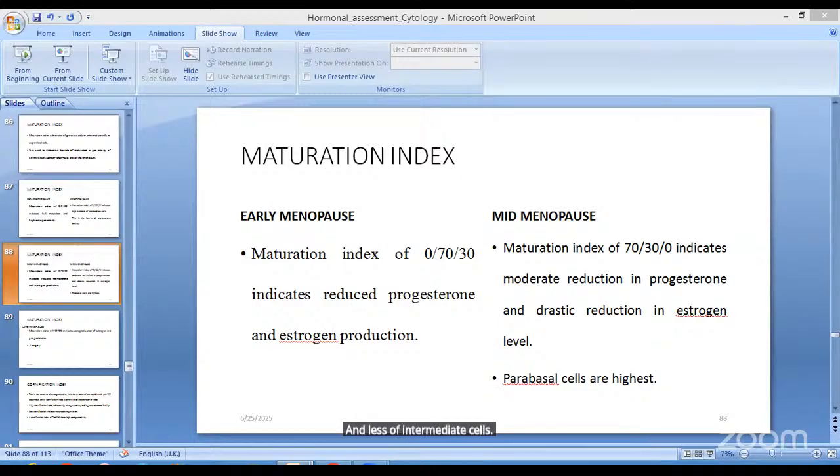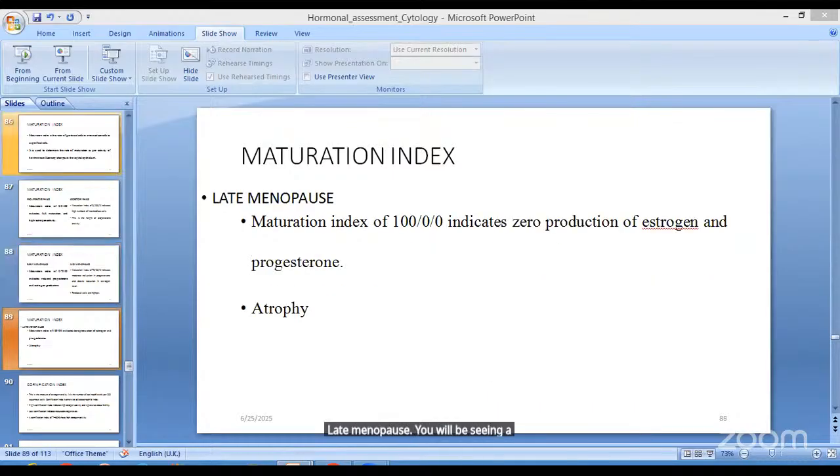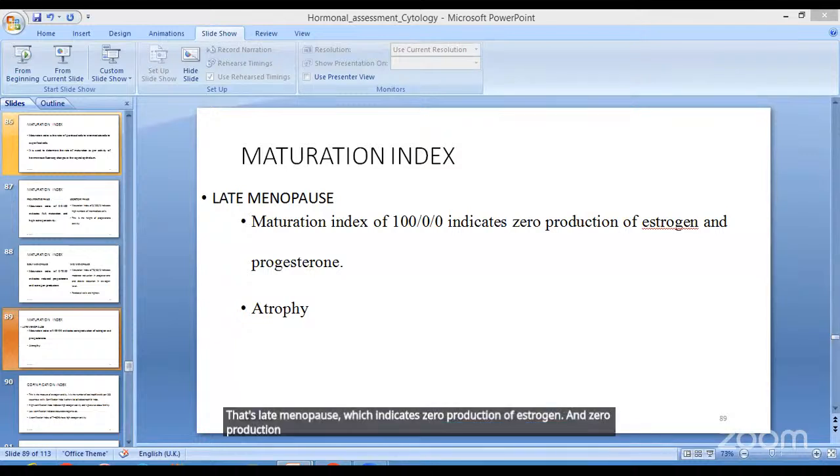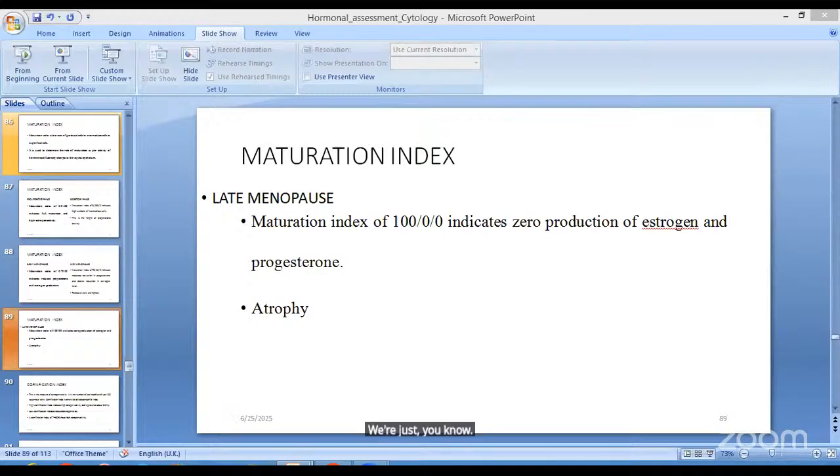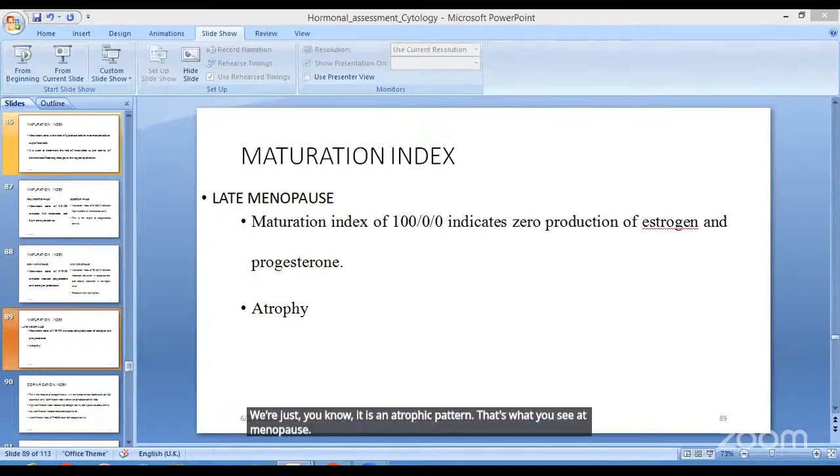By late menopause, you will be seeing a full shift to the left, where you have 100-0-0, which means all the cells will be parabasal. That's late menopause, which indicates zero production of estrogen and zero production of progesterone. It is an atrophic pattern. That's what you see at menopause. I hope that is clear.